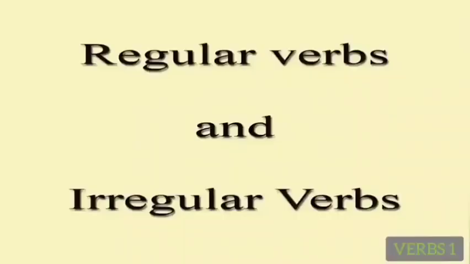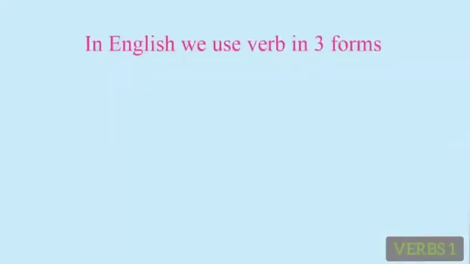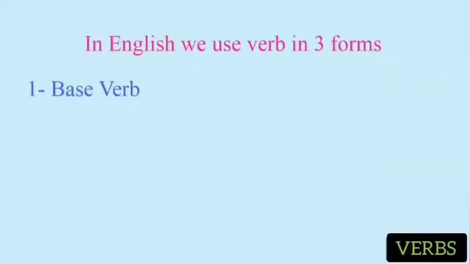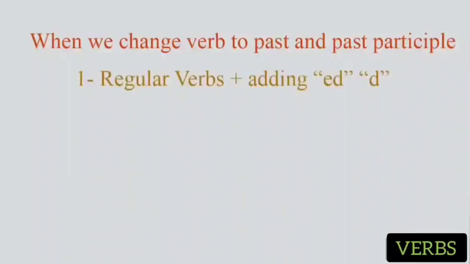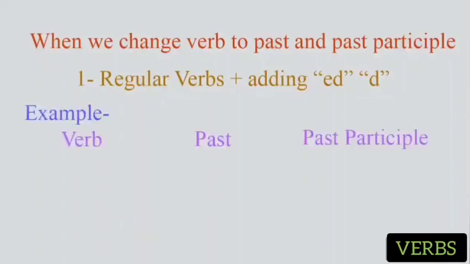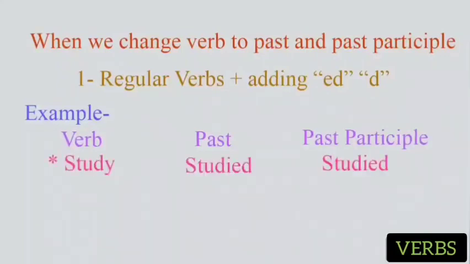Now next is regular and irregular verbs. This is very easy to understand and we have been attached to it for a long time. Basically in English we have three forms of verbs. The first one is the base verb, then we have the past form, then the past participle. Then V1, V2, V3. Sometimes we make V4, V5. When we change a verb to past and participle, what we basically do is add ed or d to the regular verb.